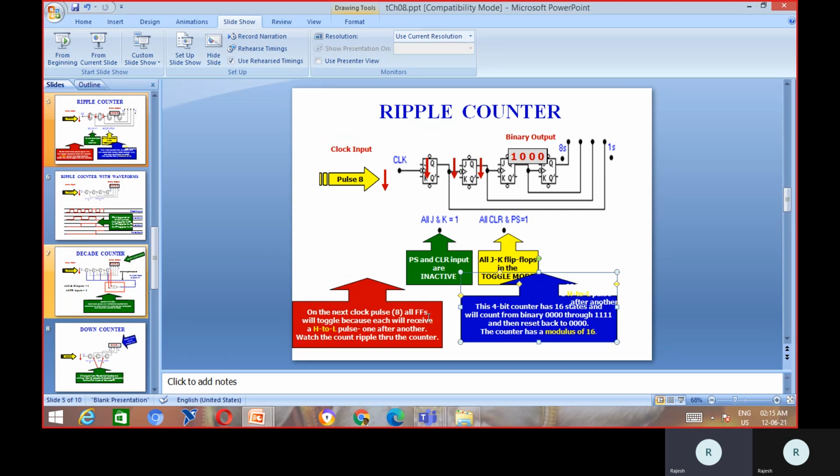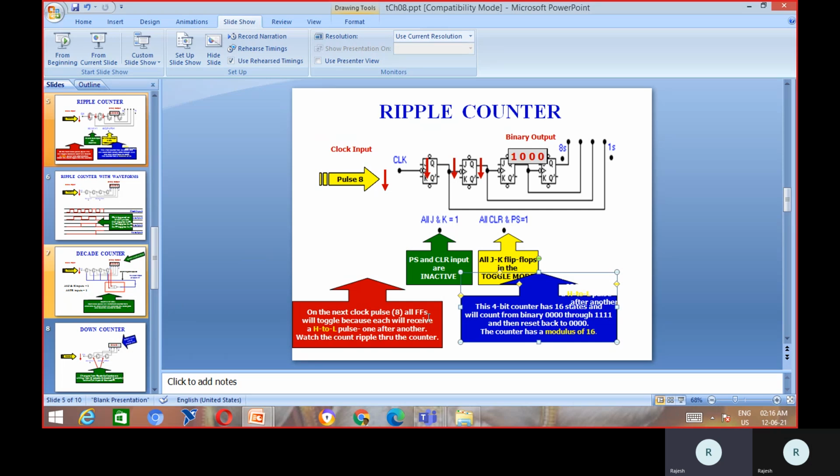Whenever the clock is applied, if you see in this diagram, for each flip-flop at the clock input we have kept a bubble. The bubble indicates it is negative edge triggered.